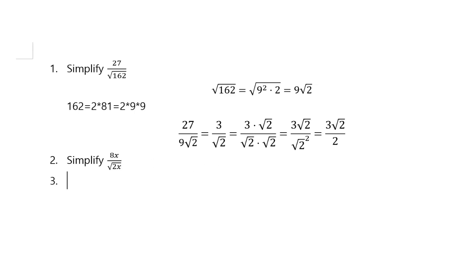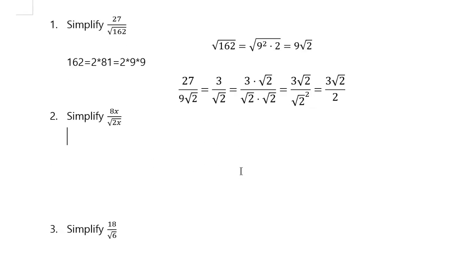Now similar idea here, simplify. This time there's an x in there, nothing to worry about. It's the same idea. You need to simplify by rationalizing the denominator. To get rid of the square root, you just multiply that same thing top and bottom.